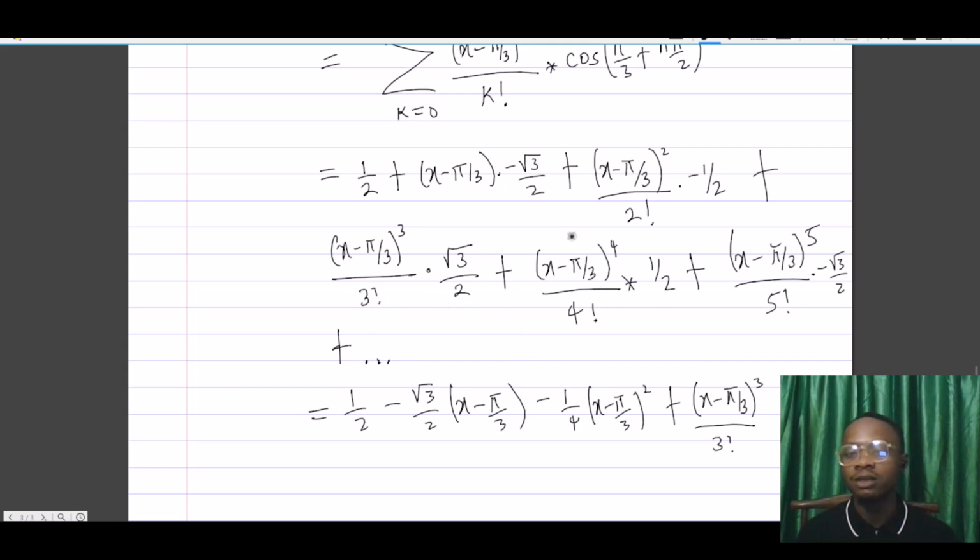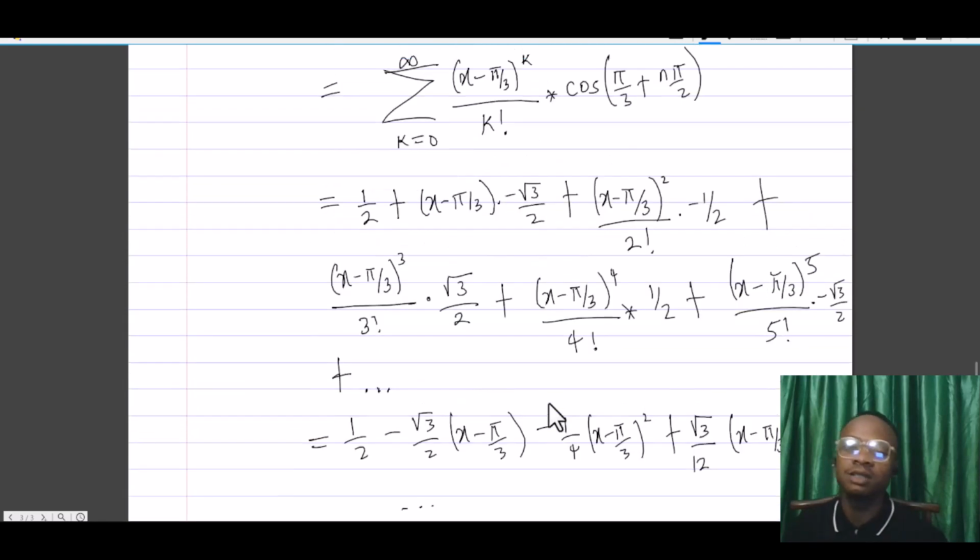So plus root 3 all over 12 multiplied by x minus pi over 3 raised to the power 3. And that continues like that. We can keep examining that and just writing them out.